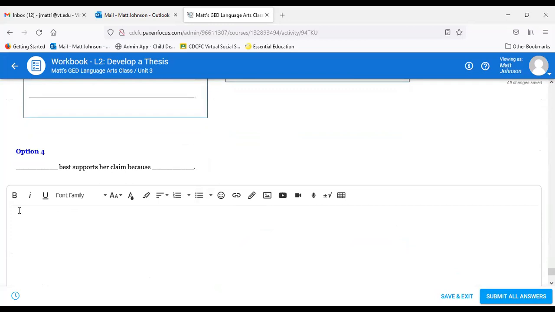So I think the other options are a little bit better because it forces you to start thinking about the other passage. This one, you'd have to make sure that you're not just saying, okay, this one has the best claims and outlining everything that's great about that passage, but forgetting to mention the other one. But even so, for the sake of practice, what do we want to say here?